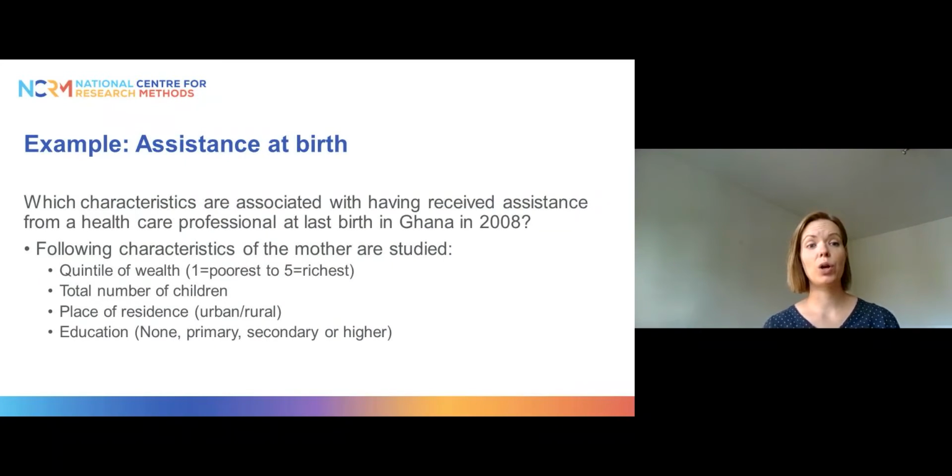We know the quintile of wealth of the household where the woman lives, going from the poorest 20% up to the richest 20%. Then we know the number of children that she has. We know whether she lives in an urban or in a rural area. And then we know the highest level of education that she has, whether that's no education at all, primary, secondary, or higher education.